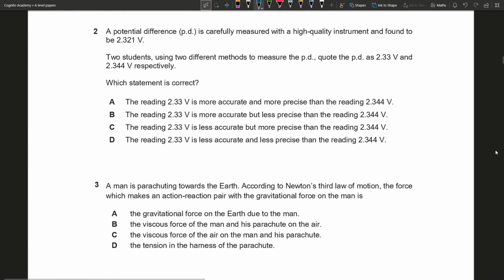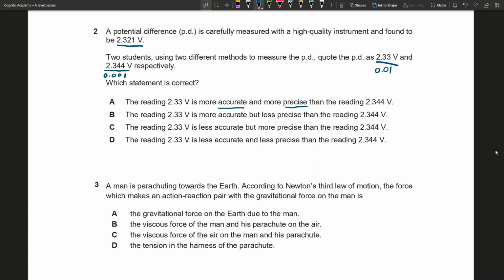Question 2. A potential difference is carefully measured with a high quality instrument and found to be 2.321 volts. So that looks like our ground truth. Two students using two different methods to measure the PD quote the potential difference as 2.33 volts and 2.344 volts. And then we are asked about the accuracy and the precision of the two different readings. The precision of the 2.344 reading is 0.001, which is more precise than the first potential difference, 2.33, which is only 0.01 precision.